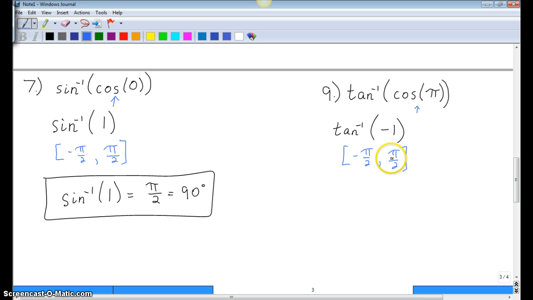Because it's negative, we can cross off quadrant 1 and we're looking at just quadrant 4. Tangent is negative 1 at 45 degrees, so we're in quadrant 4, looking at this angle right here, negative 45 degrees.